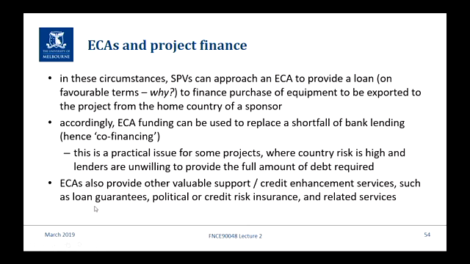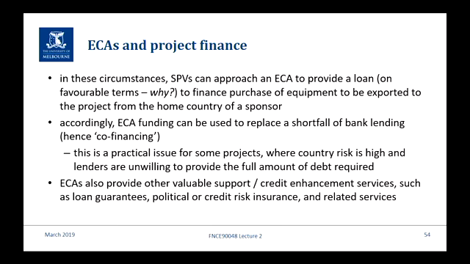So they can give loan guarantees, so they can give a guarantee that the loan will be repaid. And when you think about that, that's a great credit enhancement in terms of giving the lender some comfort. If the lenders say, oh, we're worried about this, an export credit agency says we'll guarantee the SPV's loan repayment, then that's very strong. Or they'll give political risk insurance or credit risk insurance. They're variations on the theme.